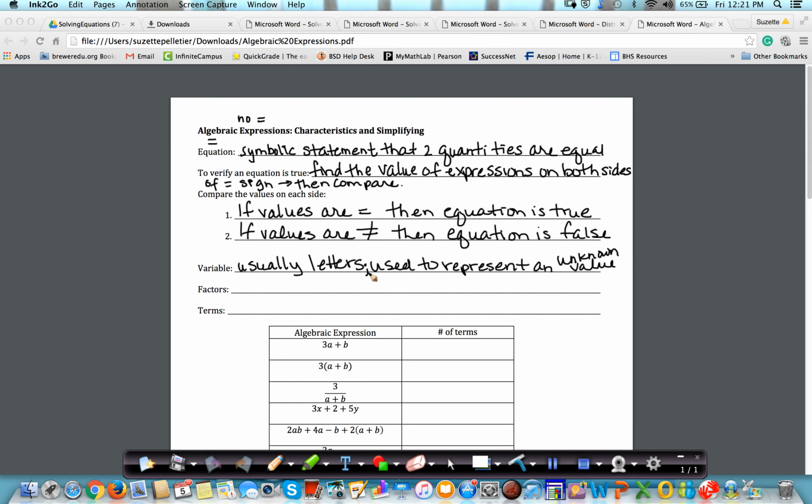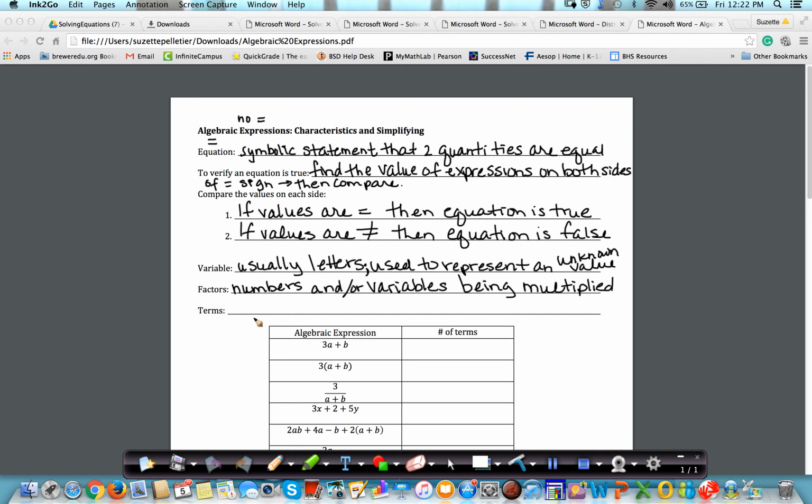I should probably put a semicolon in here to separate the two. A factor is a number or a variable that is being multiplied to another number or variable. So numbers and/or variables being multiplied. And we will do some examples of these in a little bit.